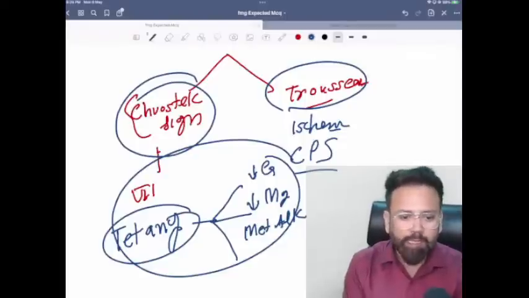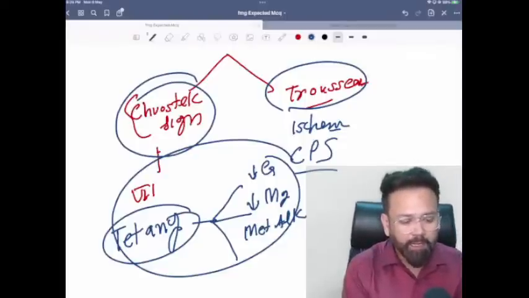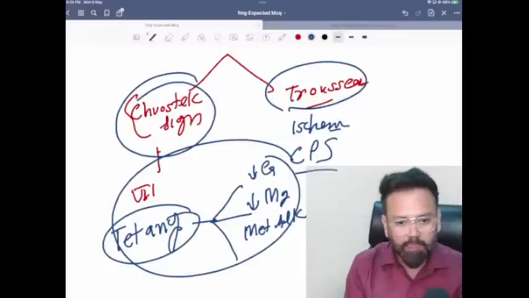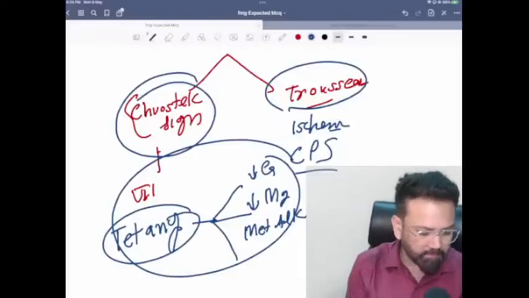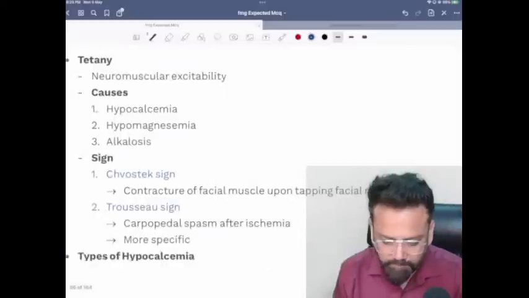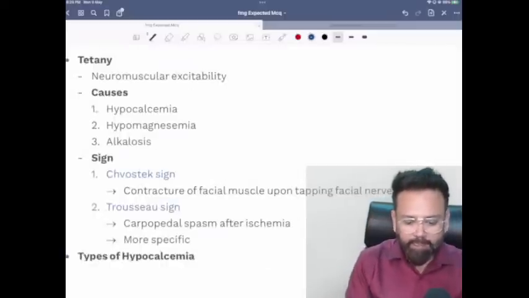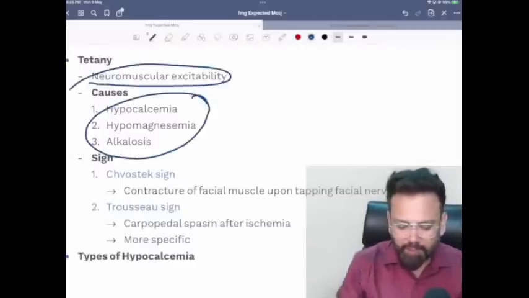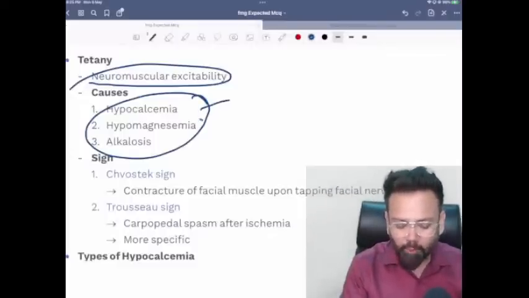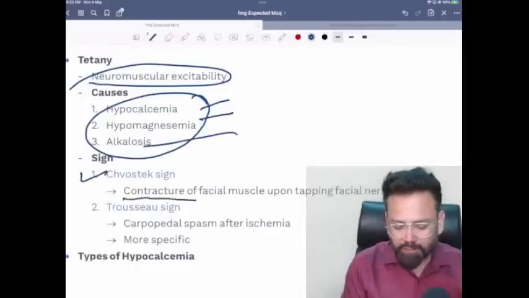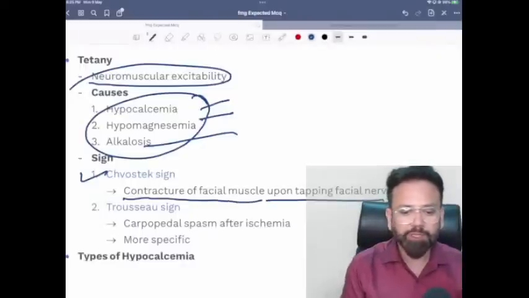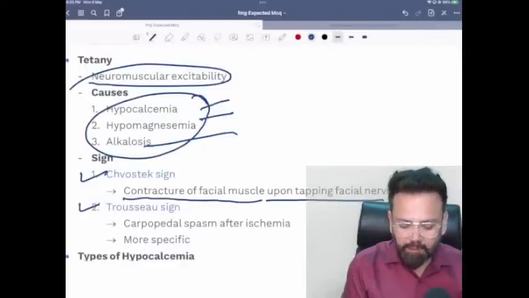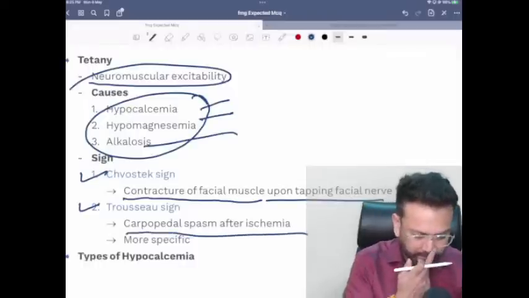They are hypocalcemia, hypomagnesemia and metabolic alkalosis. So tetany is neuromuscular excitability. It can be because of these three conditions. Chvostek sign is contracture of the facial muscle upon tapping the facial nerve. And Trousseau sign is carpopedal spasm after ischemia.